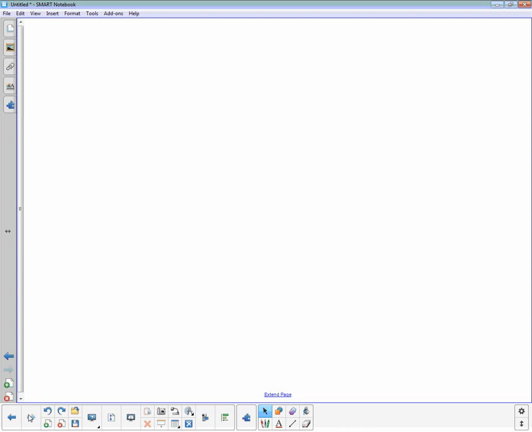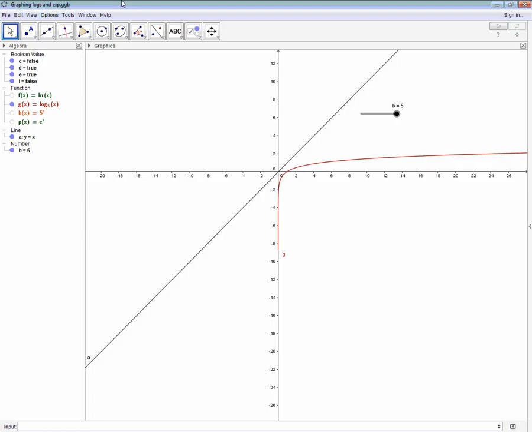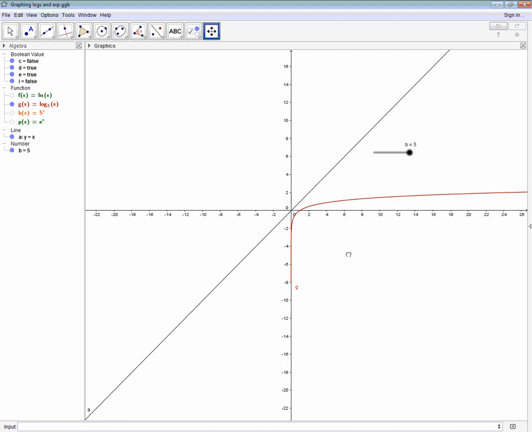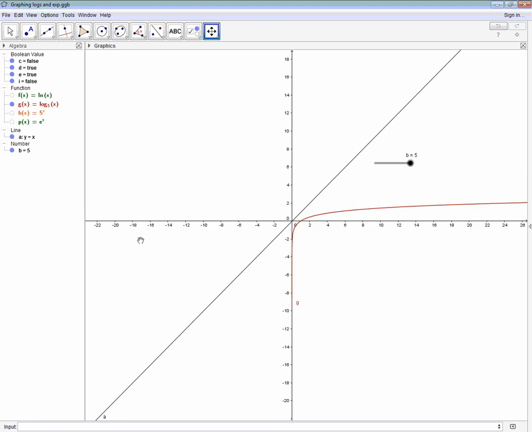Now, graphing them. All right. I made you a toy. Okay.